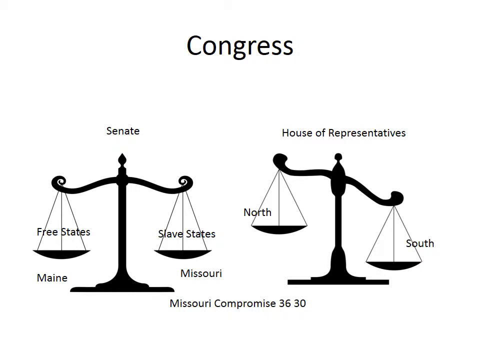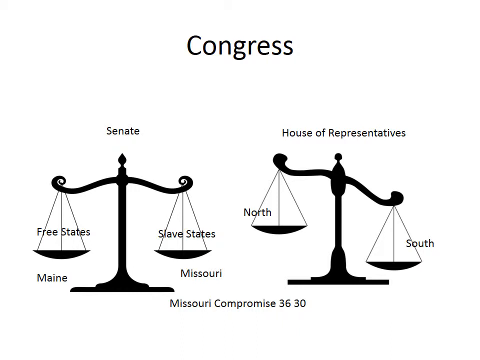You must first understand how Congress works. Think back to the Great Compromise, where we built our two-house system. You have the Senate based on statehood, where every state gets 2 senators, and the House, where every state gets representatives based on population.